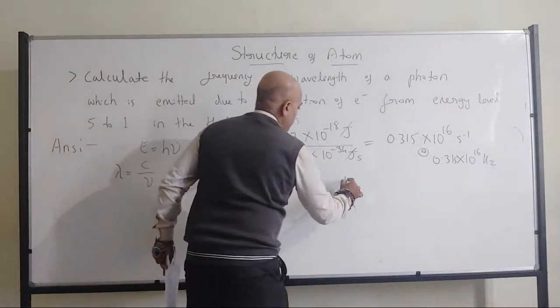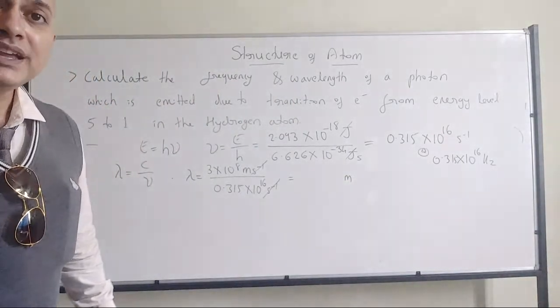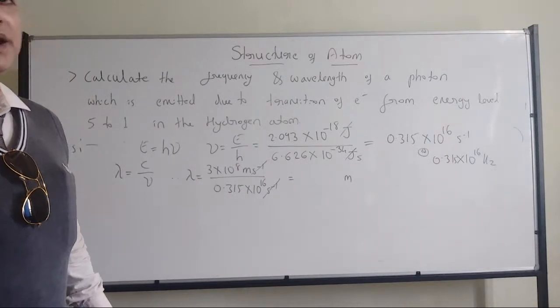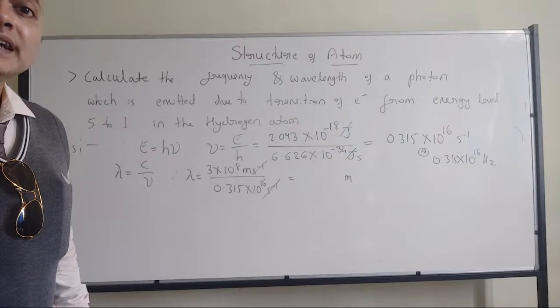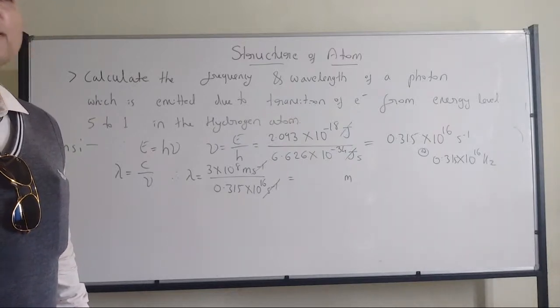The answer will be in terms of meter because wavelength unit is meter, or it can be expressed in smaller units like centimeter, or further reduced to nanometer. All of them are smaller units of meter only.